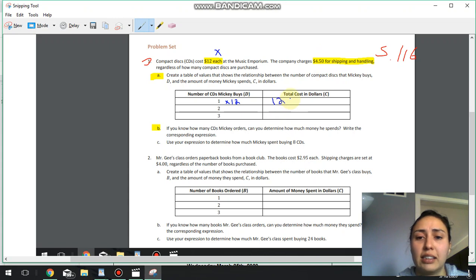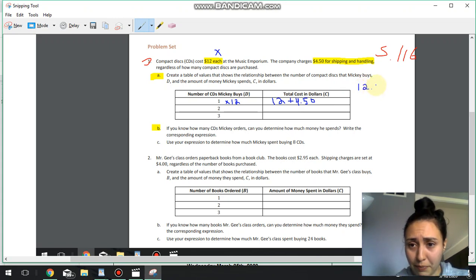It gets included and it's one time, so I have to add $4.50. Be very, very careful when you are adding these two numbers, because I know that you are going to want to not line them up, because you're going to say the 12 doesn't have a decimal point, but I'm going to make sure that you don't make that mistake.